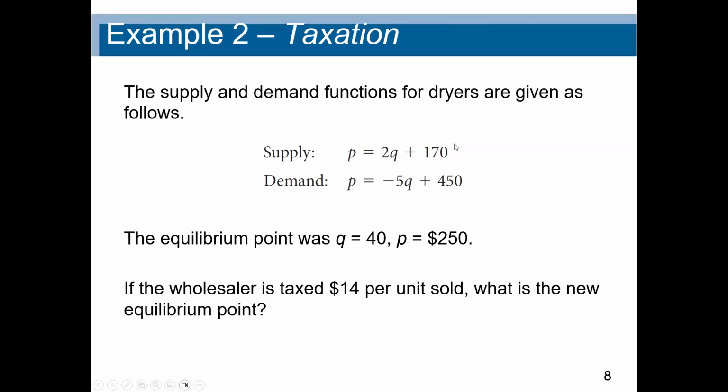Because 2Q and then minus 5Q crossing the equal sign gives us 7Q, then plus 170 crossing the equal sign gives 450 minus 170.